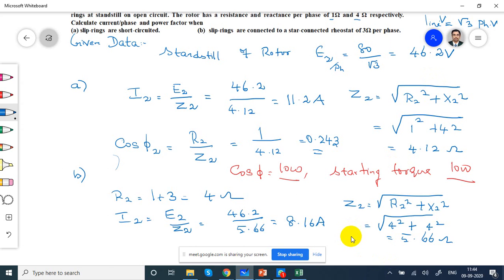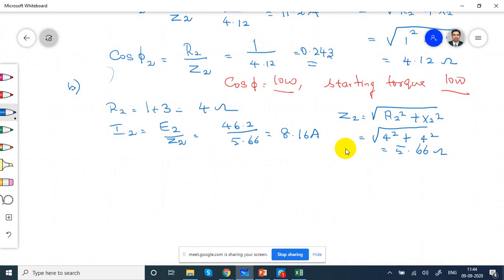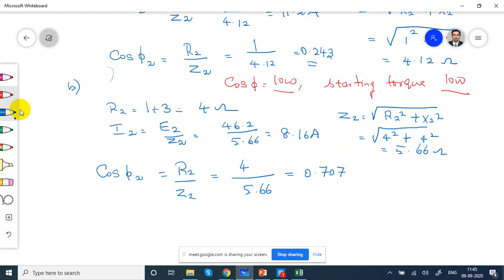Okay, 8.16 ampere. In the similar manner, we have to calculate cos phi 2. Cos phi 2 equal to R2 by Z2, which is equal to R2 value will be 4, Z2 value will be 5.66. So 4 divided by 5.66, 0.707.